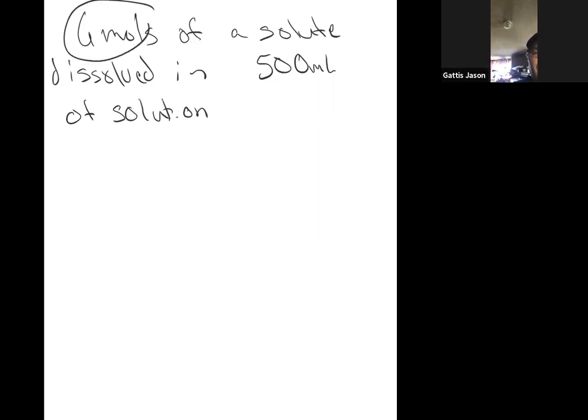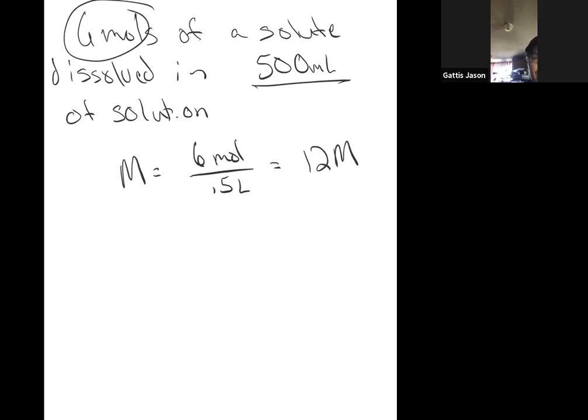So I have my moles, but this is in milliliters. So I have to convert that to liters. So my molarity would be 6 moles over 0.5 liters, because 500 milliliters is 0.5 liters. And that would equal 12 molar.